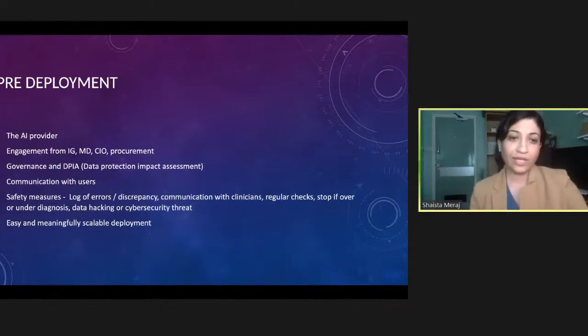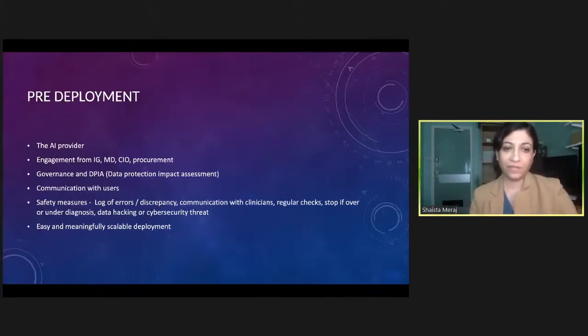You need to have full engagement and support from governance, IT, and procurement. Communicate with all the users, including radiologists and clinicians. Talk to them, email them, send them demonstration videos and user guide, and give them time to absorb it and ask questions. Have safety measures in place and educate the users on how to record and raise any concerns.